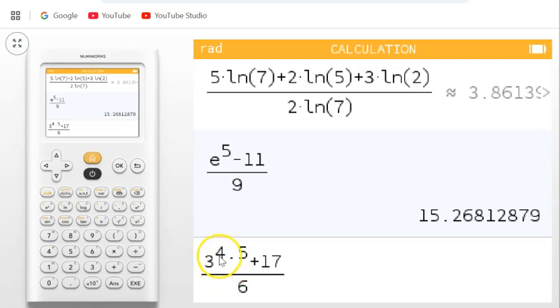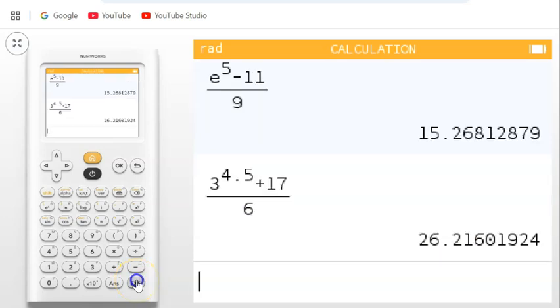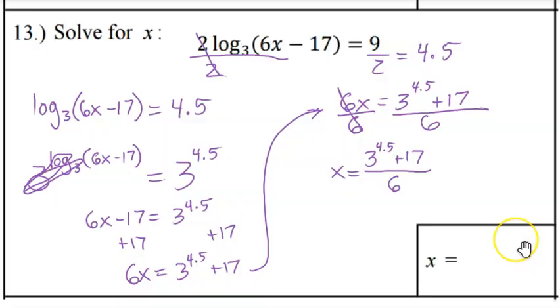So now we have 3 to the power of 4.5 plus 17, all divided by 6. And again, you can do these a little piece at a time. You don't have to do it the way I'm doing it. I'm going to hit execute, and the final answer is 26.216. And that is our answer.